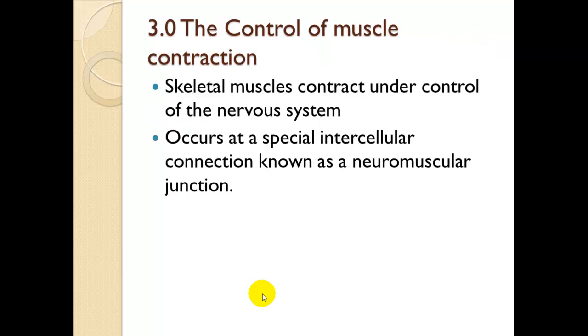Control of muscle contraction. Skeletal muscles contract under control of the nervous system. This occurs in special intercellular connections known as a neuromuscular junction. And I kind of like talking about these a little bit. You have a nerve fiber there and muscle tissue here.